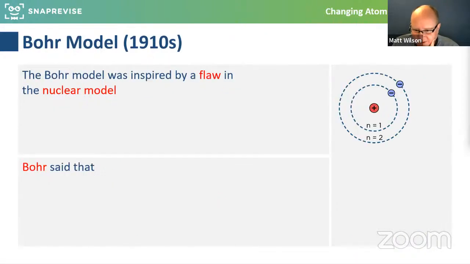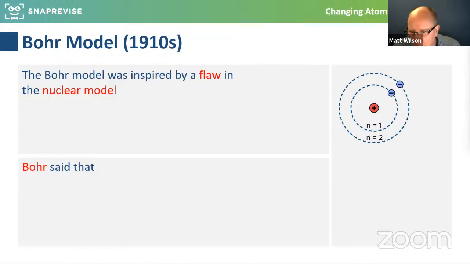So then we come to Niels Bohr. Bohr discovered a flaw in this nuclear model because the idea proven by Marsden, Rutherford and Geiger, that the nucleus was a concentration of positive charge, didn't explain how the electrons behaved.